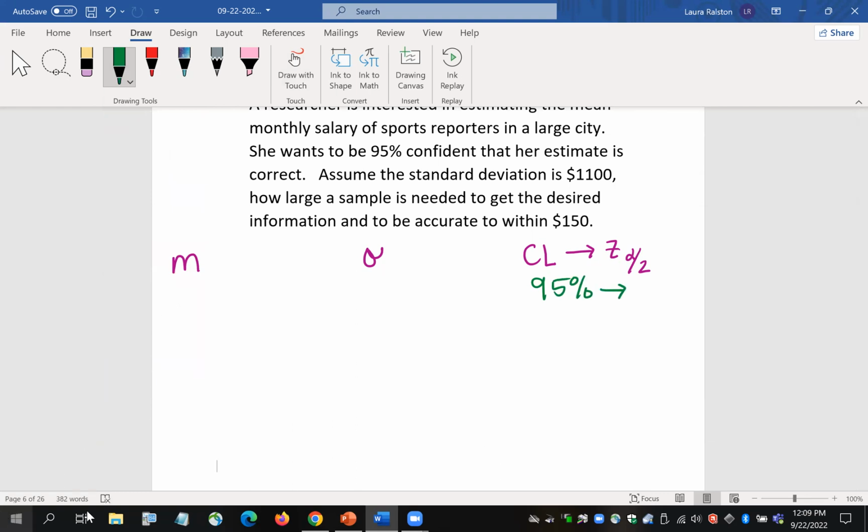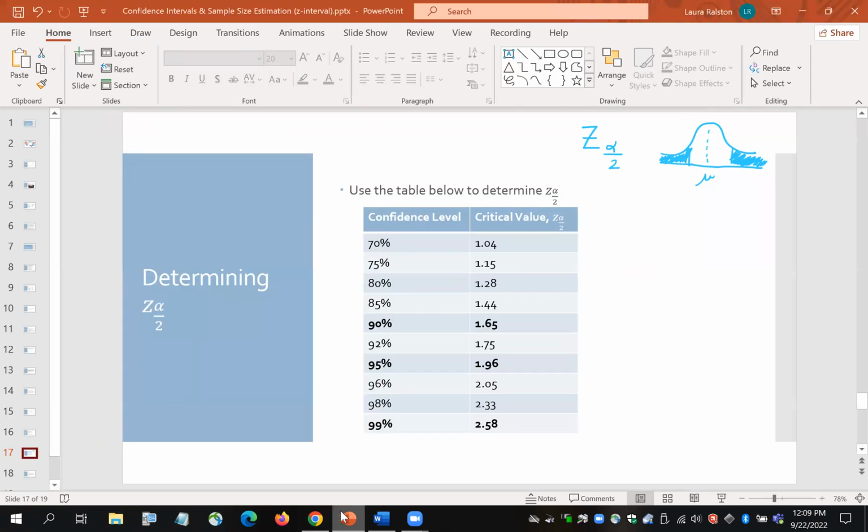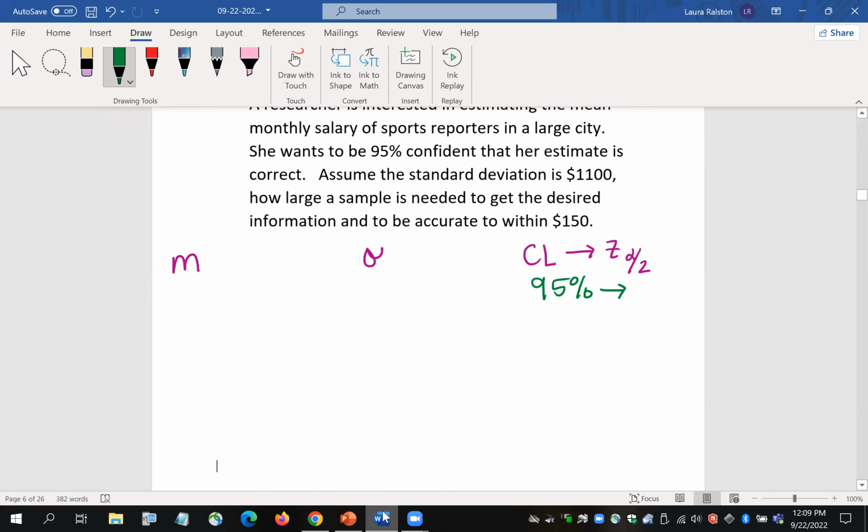From the table that Miss Ralston has provided, 95% is 1.96 for my critical value. My standard deviation, it says to assume, is 1100. And we want my margin of error to be $150.